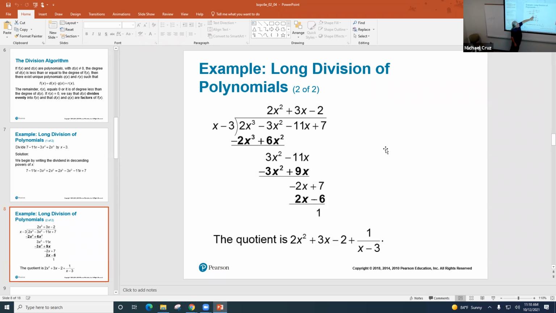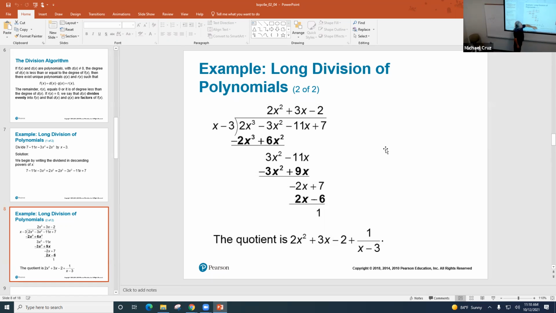Then x into 3x squared goes 3x times. Multiply again: 3x times x is 3x squared, and 3x times negative 3 is negative 9, but we're subtracting, so that's why the signs have changed. This one should always go away.